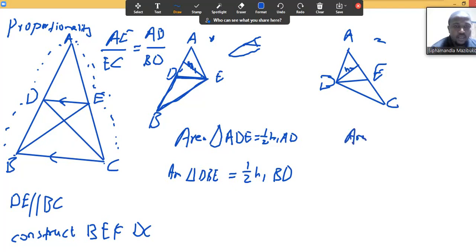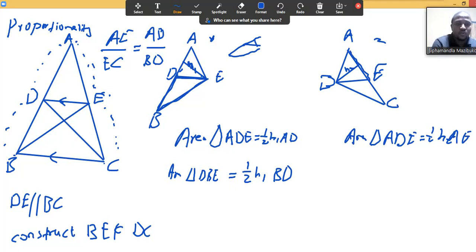We're looking at the area of triangle ADE, which would be 1/2, and height is 2h. And what is our base? If you're looking at ADE, our base is AE, because our base would be here.